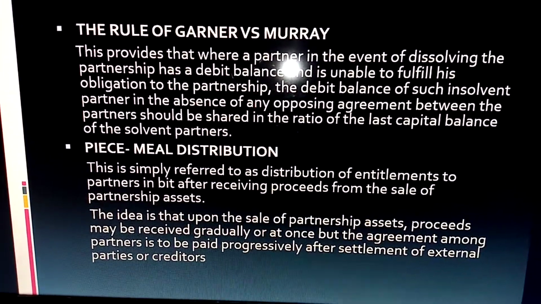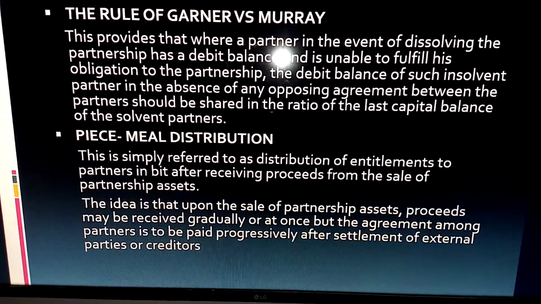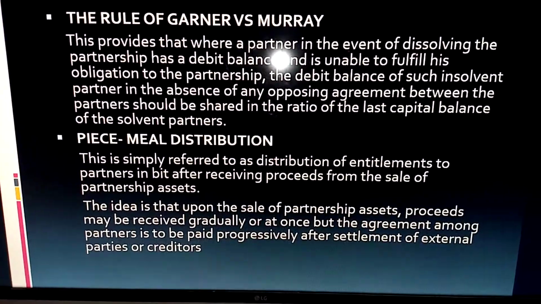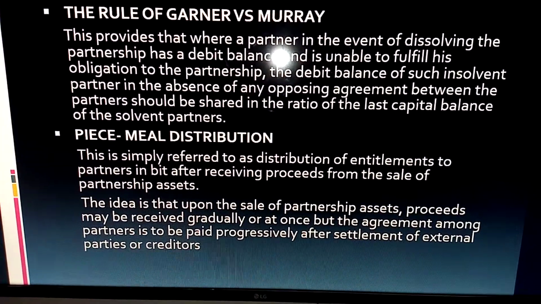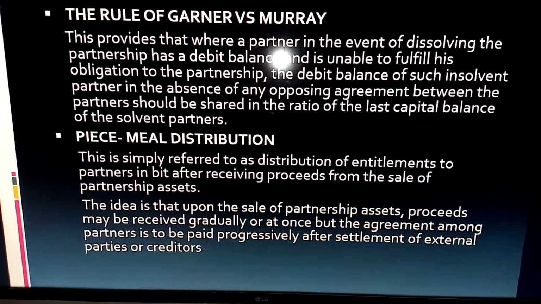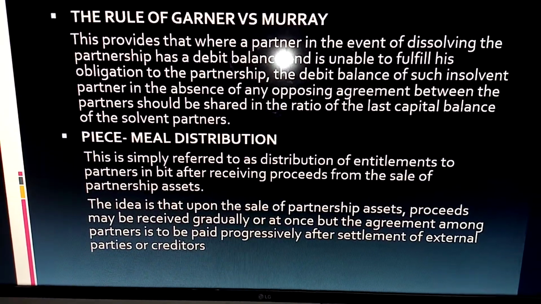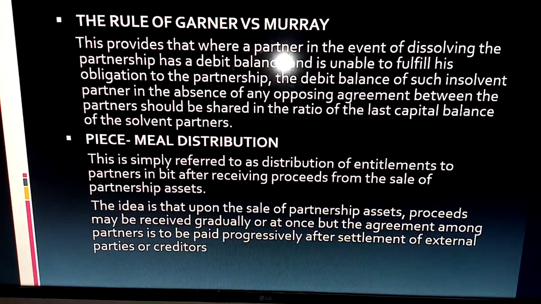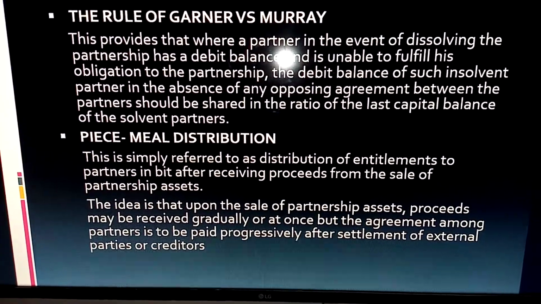The rule of Garner versus Murray states that where there is a debit balance of a partner that cannot pay, that is, the partner is insolvent, the solvent partners, the ones that have the ability to still make some payments, will take the debit of the other partner in the ratio of their last capital balance.